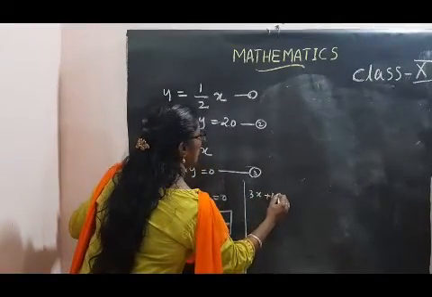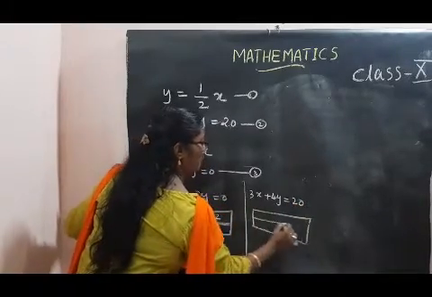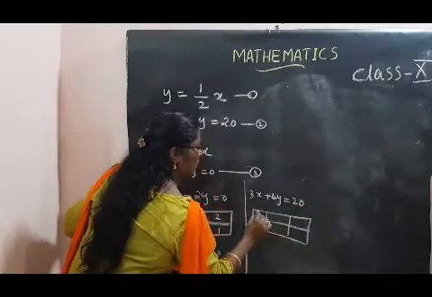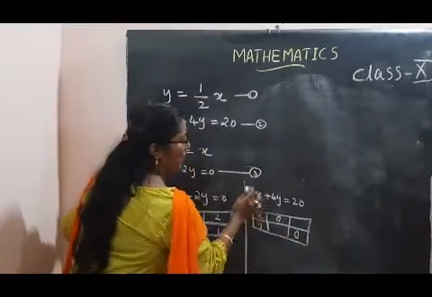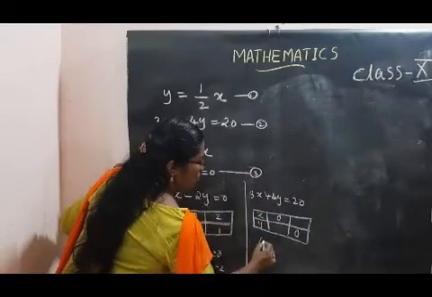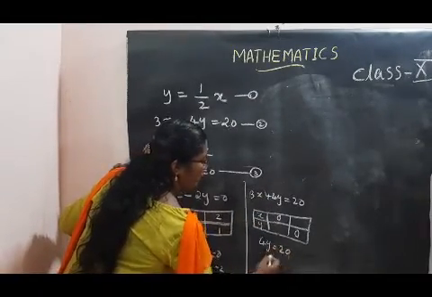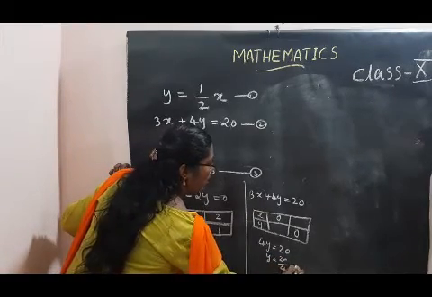Okay. Then the next equation, 3x plus 4y equal to 20. What about x equals 0? X equals 0, 4y equal to 20. Y equal 20 by 4 equal 5.